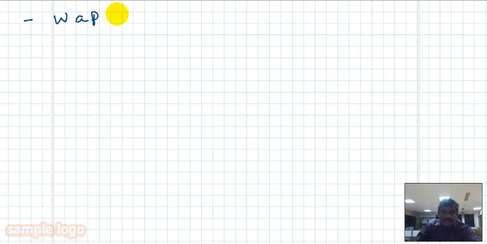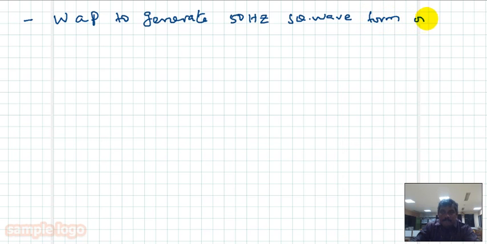Write a program to generate 50 hertz square waveform on P1.1.